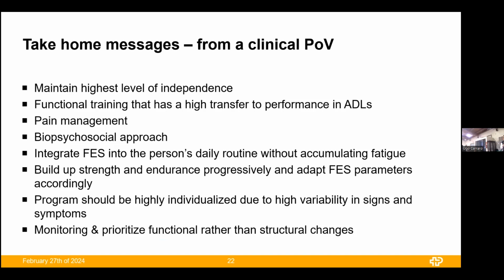We want to integrate FES in their daily lifestyle, so in their daily routines, without accumulating fatigue, and build up strength and endurance to do that, and choose the parameters for FES wisely. The program should be highly individualized due to the fact that everyone is so very different and reacts also differently to the stimulation.